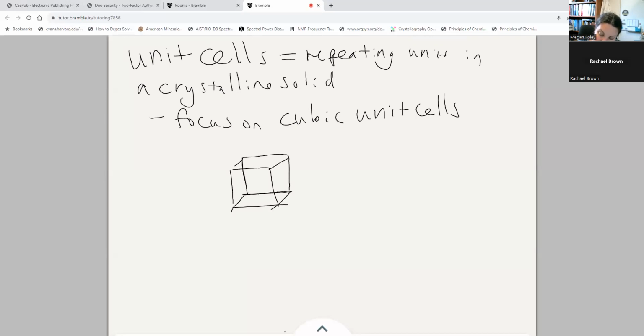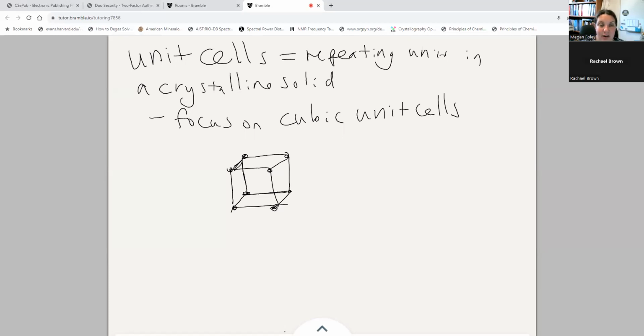And this is our unit cell, and it's got atoms within it. For instance, we can have atoms on our corners. So this is our unit cell. These atoms, or this unit cell, would be repeated over and over and over again.